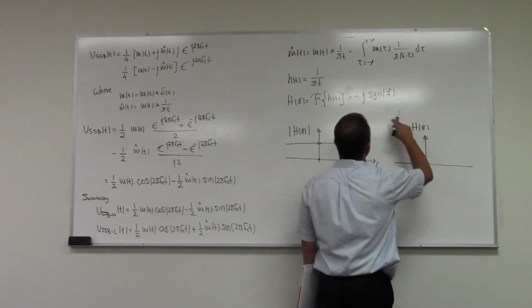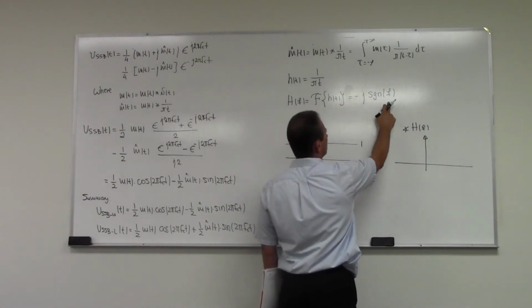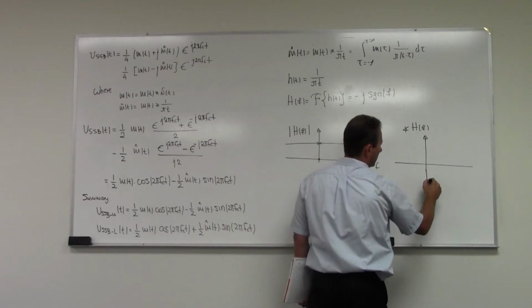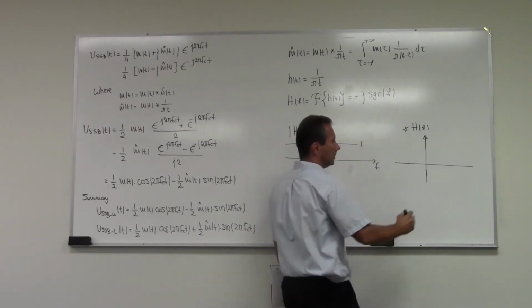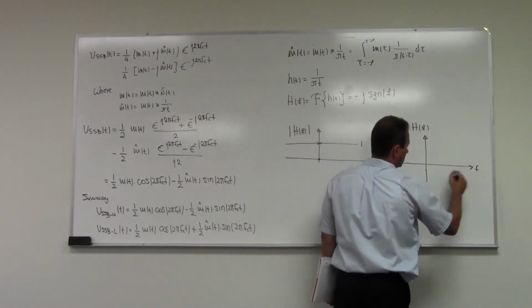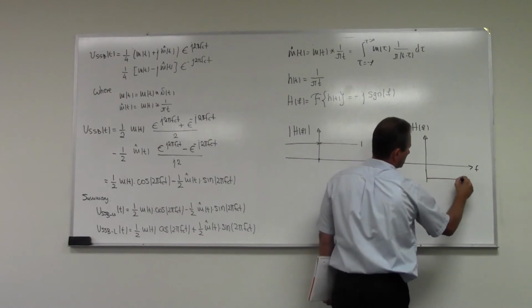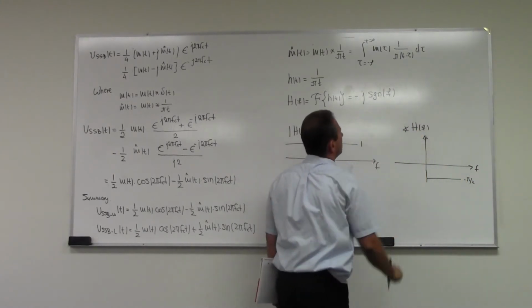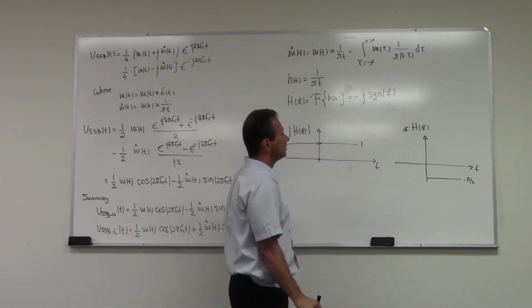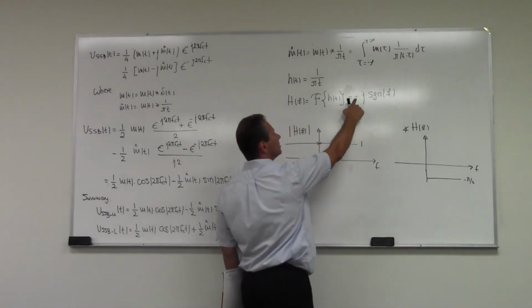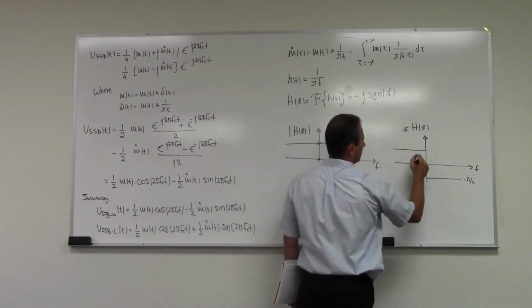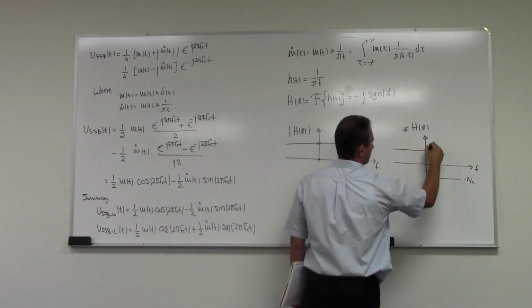For a positive f, sign of f is going to be 1, so it's going to be minus j. The phase of minus j is what? Minus 90 degrees, or minus pi over 2. For negative f, sign of f is minus 1, and this gives me plus j, so this is pi over 2.